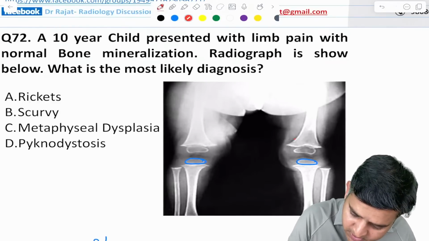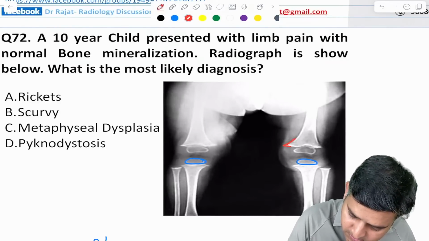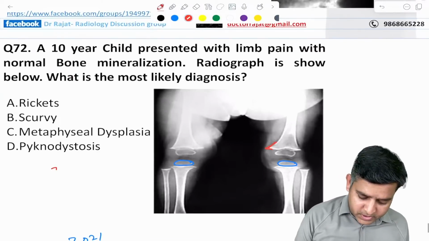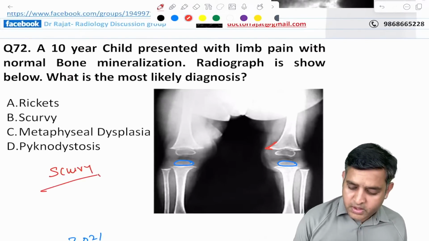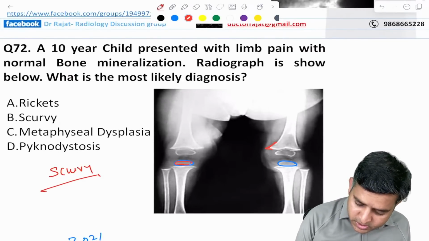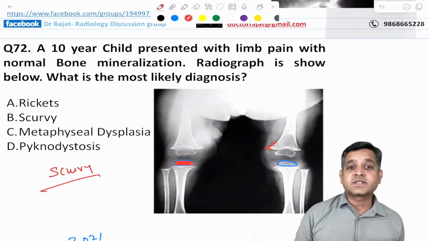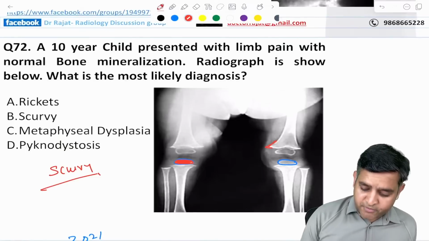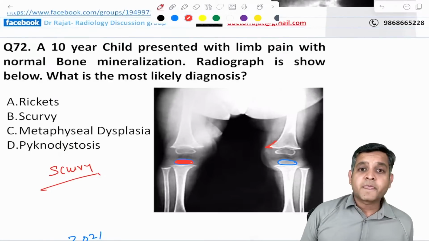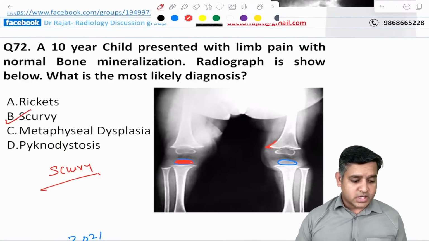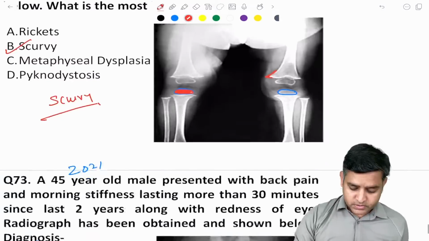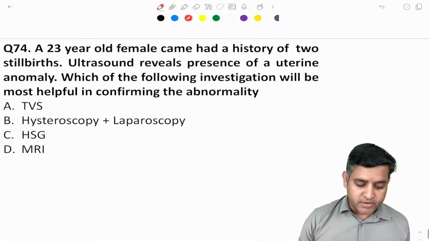This is a sign of scurvy. Sorry for this. So there is a ring shape epiphysis, and that's a spur. So this is the appearance of scurvy. My fault on this. 73 we have covered.